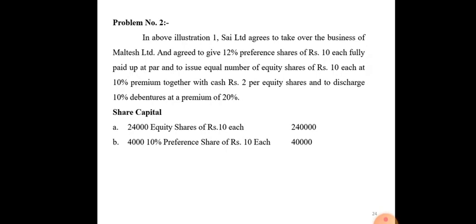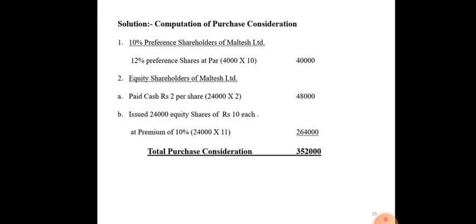Now see how to pass this for the purchase consideration. Second, equity shareholders of Maltesh Limited are paid cash rupees 2 per share. How many shares are there? 24,000 shares, each share rupees 2, so the total is 48,000. In that, issued 24,000 equity shares of rupees 10 each at a premium of 10%.